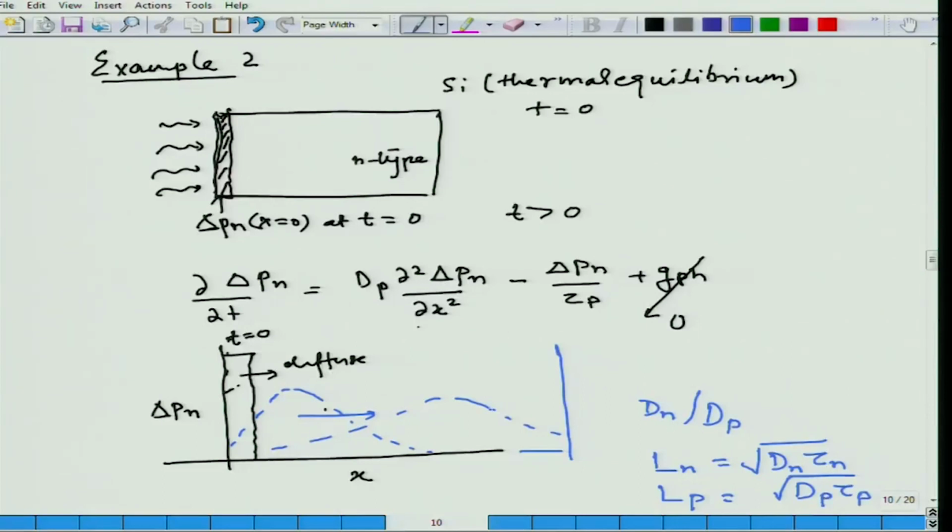This is what will decide the final distribution here. So, in summary, I have shown two examples where we use the continuity equation, a special case of it where we apply it to minority carrier diffusion in devices, and how we use it and what solutions we get. These solutions will later be used in the next module to look at the devices.